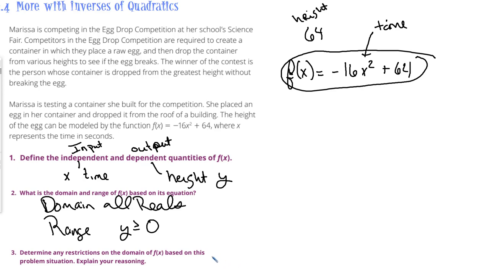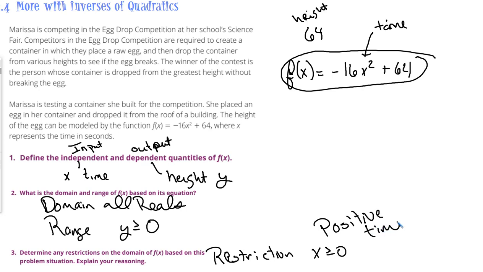So that means that if we were to do the inverse, we're going to have to restrict it. And so we can restrict the domain. The restriction will need to be x is greater than or equal to 0, because we're only worried about positive time anyways. And so that's what's going to make sense in this problem story.